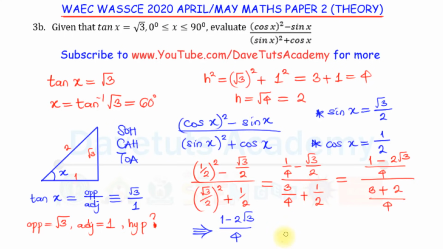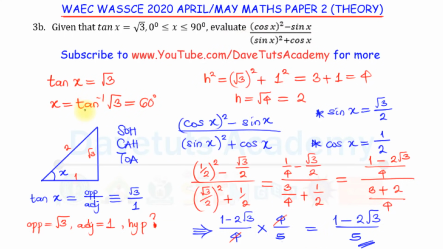I just want to do that because I'm running out of space now. So this will be times 4 over 5. We can see that the 4 at the denominator here and the 4 at the numerator here will cancel out, such that our answer will be 1 minus 2 root 3 over 5. So this is going to be the solution to this question.